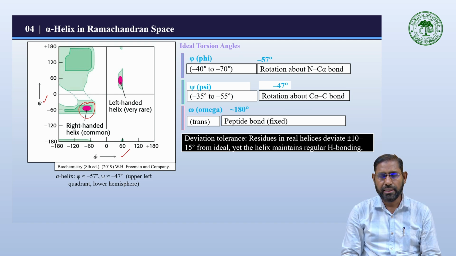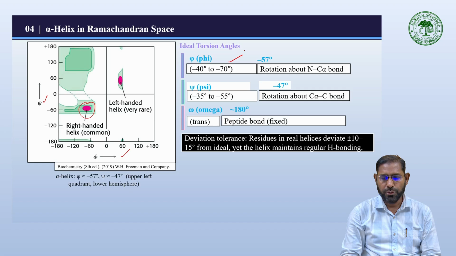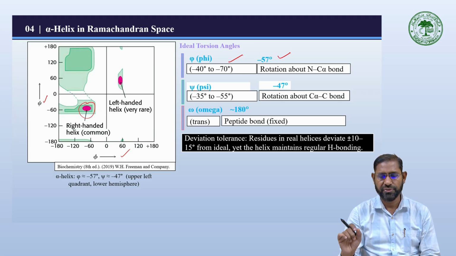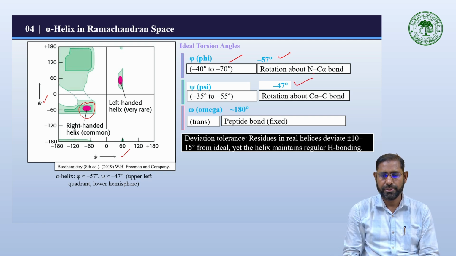Phi is in the range of minus 40 to minus 70 degrees, with rotation of the alpha carbon and N bond at minus 57 degrees. This is the ideal torsion angle. What about the psi angle? It is minus 35 to minus 55 degrees, with rotation of the C alpha to carbon bond at minus 47 degrees. These are the ideal conditions.